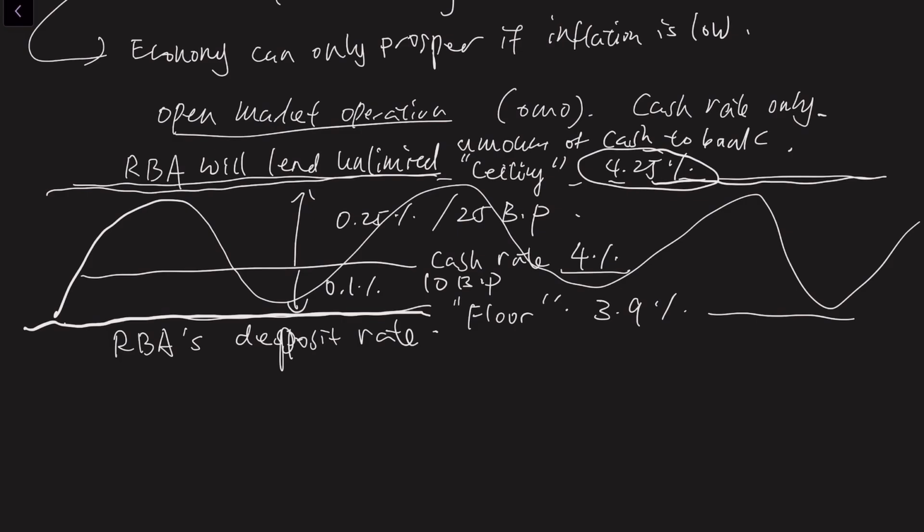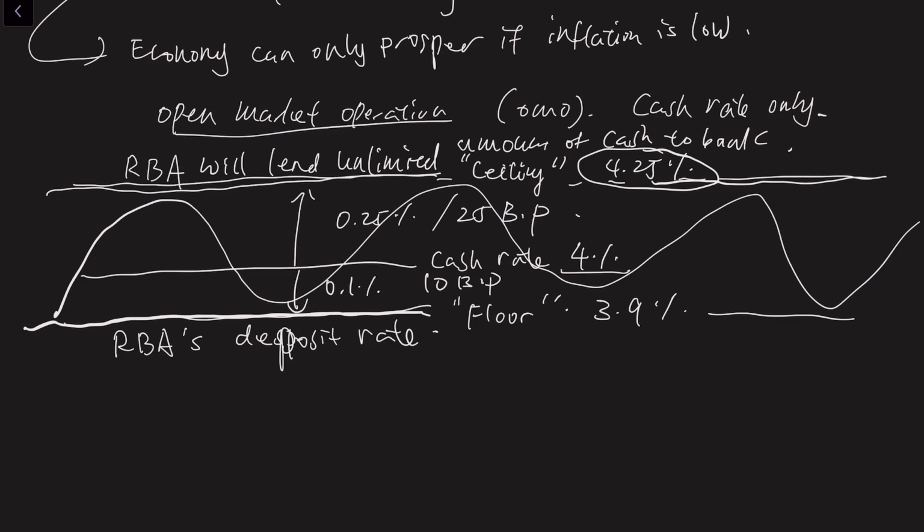Similarly, banks can also deposit their excess cash to other banks. So suppose Westpac offers Commonwealth Bank a rate of 3.8% on deposit. Then the Commonwealth Bank will never deposit their money with Westpac, because they know when they go to the RBA, it can take an unlimited amount of money and give them an interest of 3.9%.